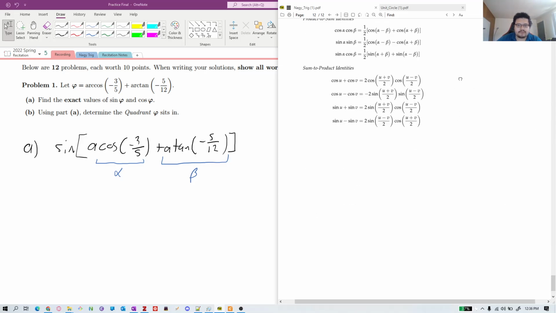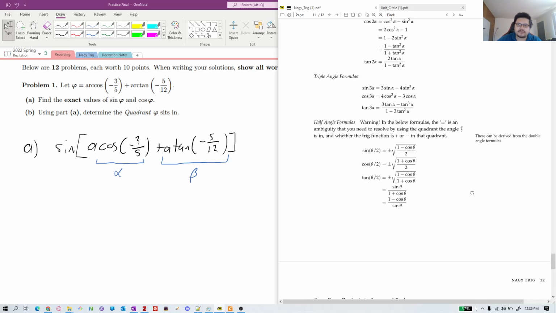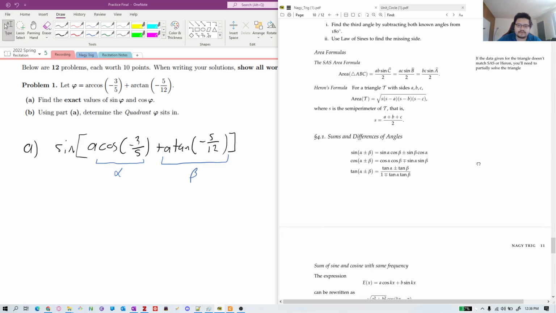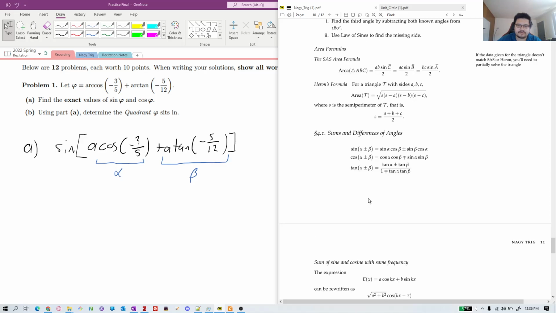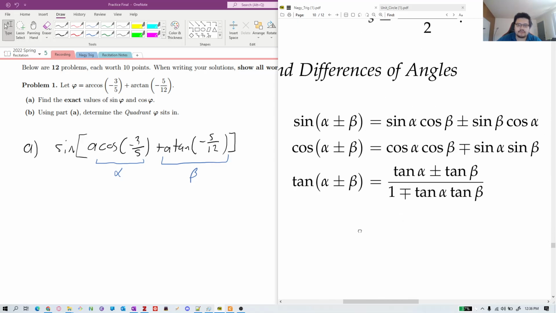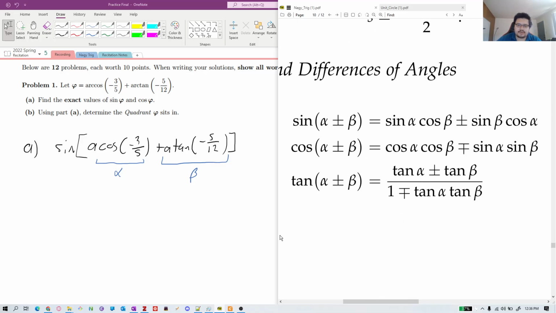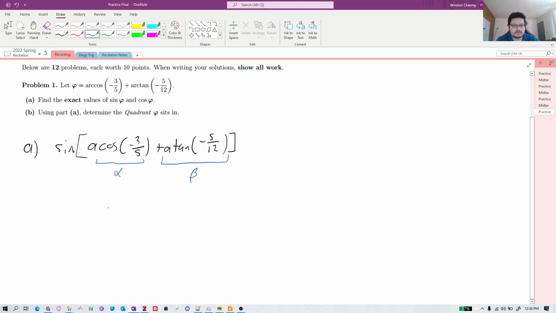I do happen to remember, but I'm going to just point them out. So that would be sine of alpha plus beta, which is going to be this rule here. Right, take the top signs. So it's going to be sine alpha cosine beta plus sine beta cosine alpha. So we can go ahead and use that.